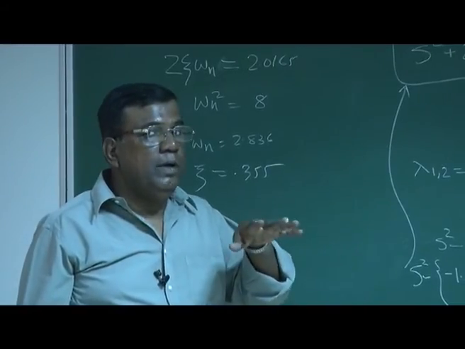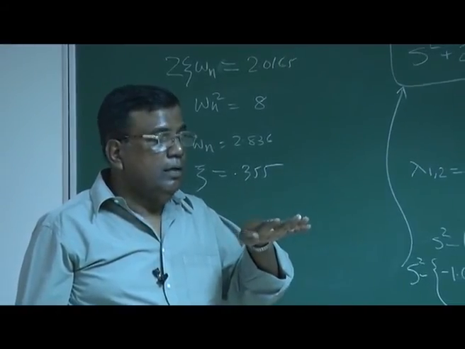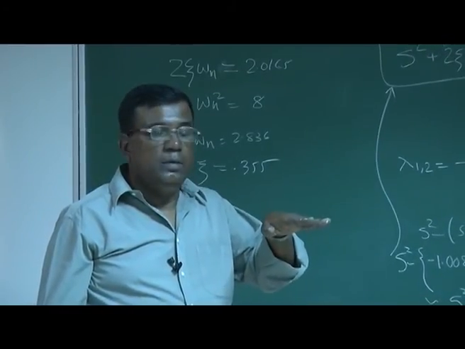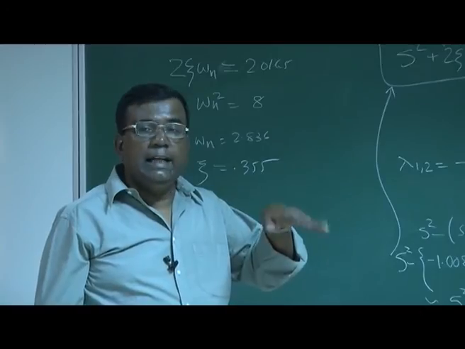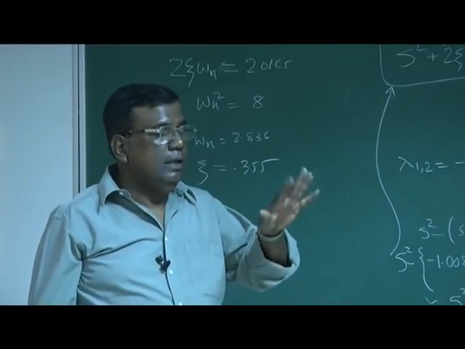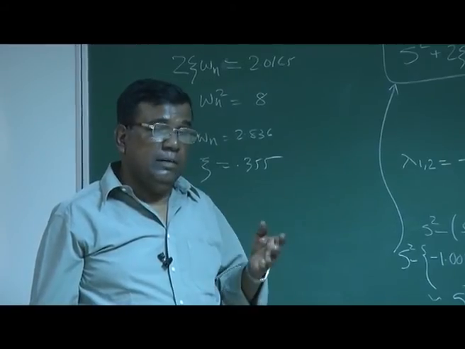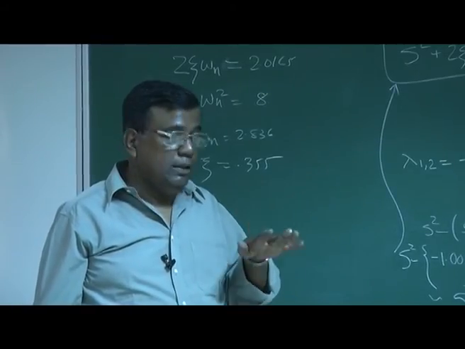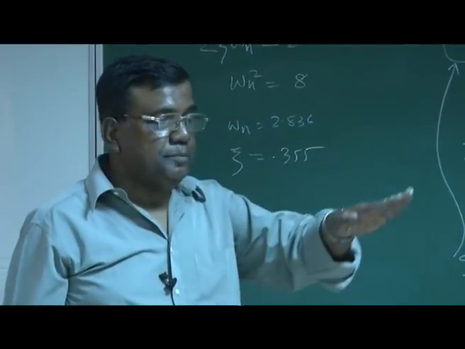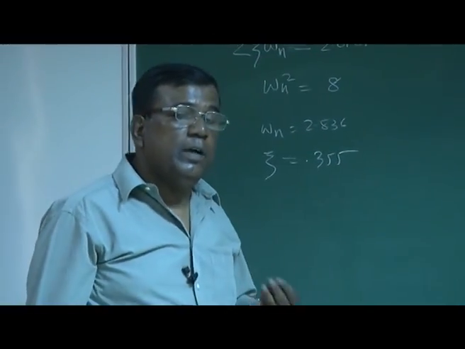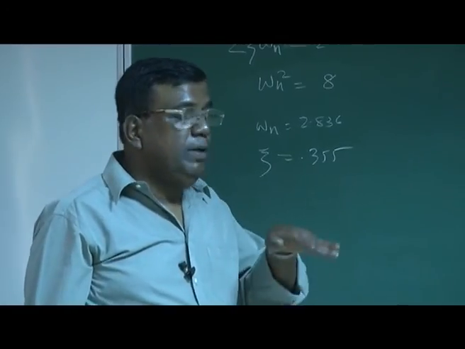The two predominant ways the aircraft can respond: one is the short period type, where the disturbance damps out immediately, whose negative real root will be large, so it will behave like this. And then the roots where the real part is negative but not that large, so that is something like this. So typically an aircraft's longitudinal characteristics are dominated by two modes. One is the short period mode.